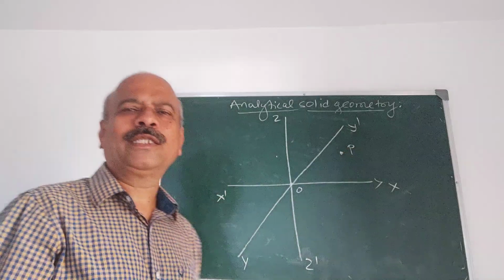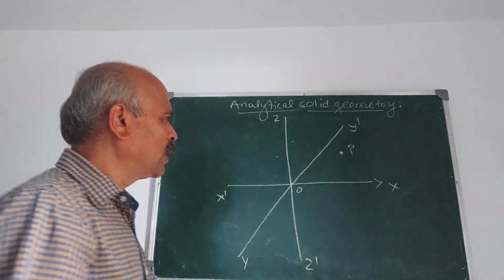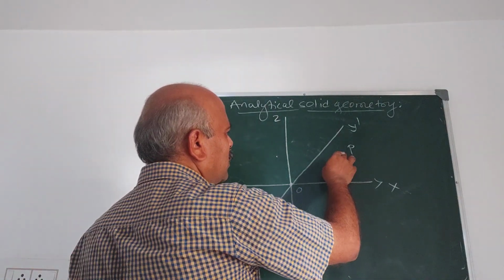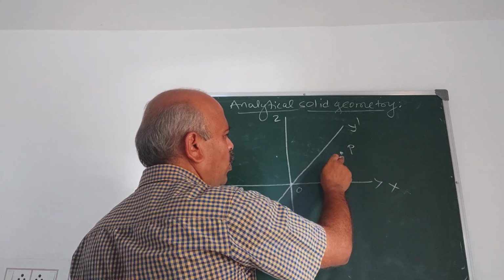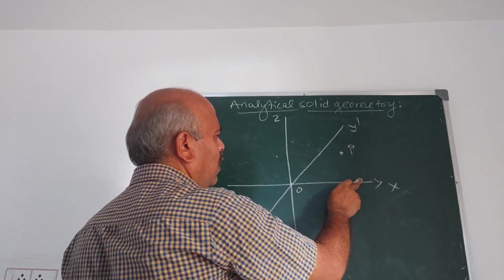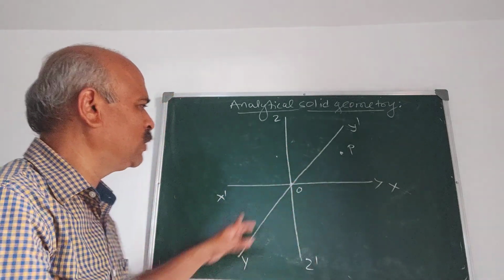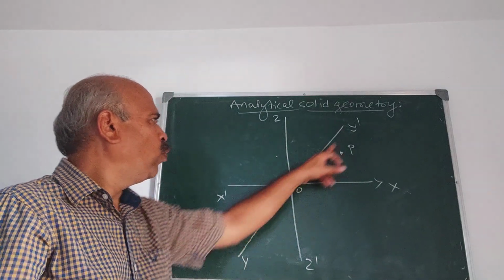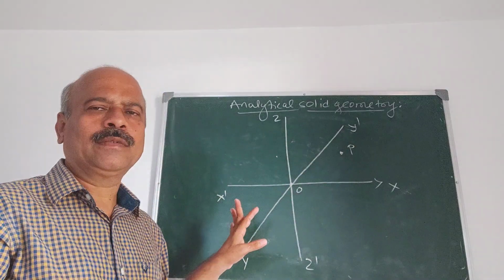Then what are the coordinates of this point P? For that, we have to draw three planes through this point, perpendicular to the axes. x dash ox is called the x axis, z dash oz the z axis, and y dash oy the y axis.